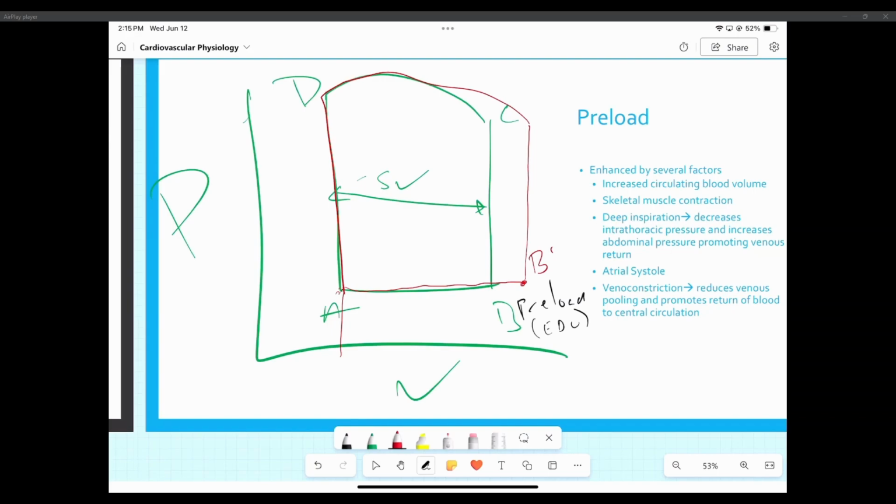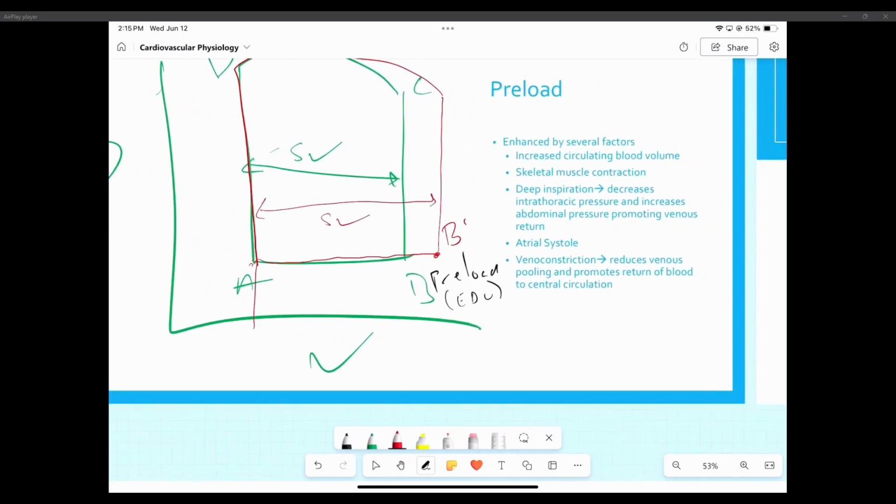Now, let's look at our stroke volume. What happened to our stroke volume when we increased the preload? Increased. So we have a new relationship now. Increased preload leads to increased stroke volume. They're in a proportional relationship.